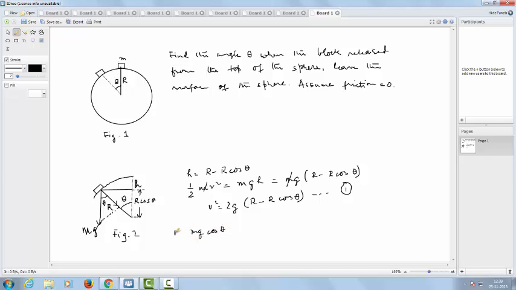This is the first force. The second force is the centrifugal force acting on the block. If v is the velocity of the block at this point, that would be m v square divided by r. And the third force is the normal reaction Fn, which acts outwardly.